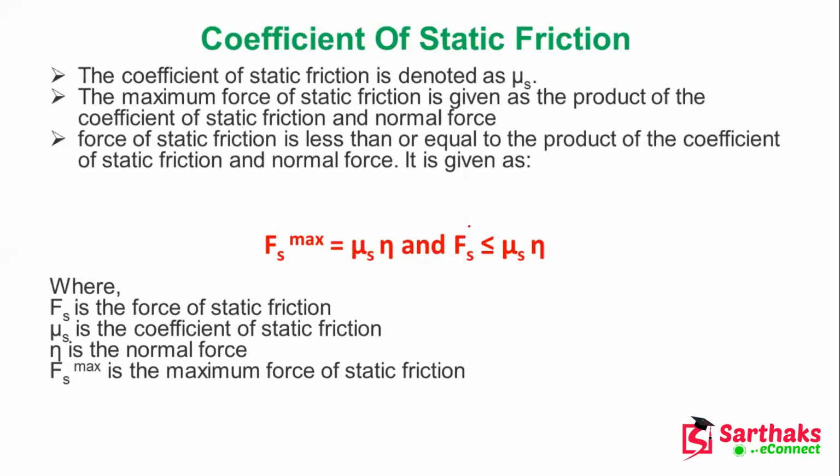The maximum force of static friction is given by the product of the coefficient of static friction and the normal force. Here the normal force is written as eta. So Fs max equals mu s into N. We write the normal force with the help of N, though sometimes it can be written as eta.